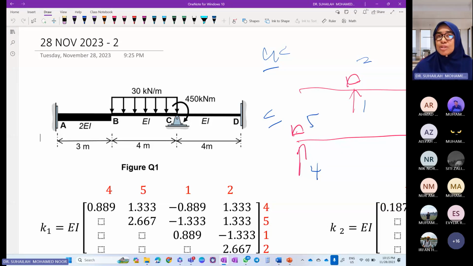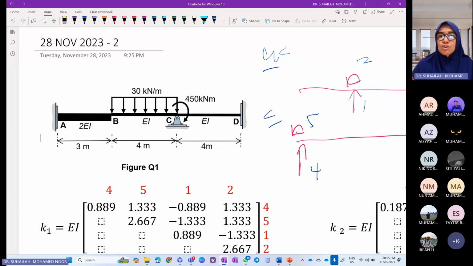Now we are moving to equivalent nodal forces. Equivalent nodal forces means we have to distribute whatever force is subjected on the member to the nodes. We have to distribute to A, we have to distribute to B, if AB is subjected to loading.